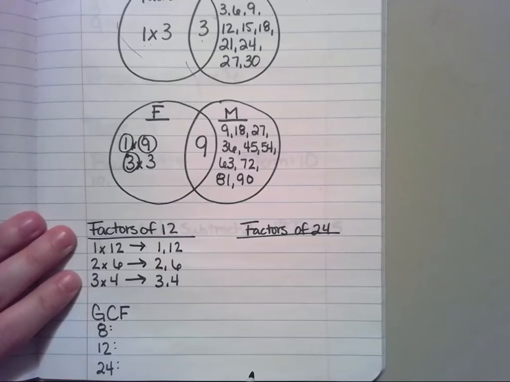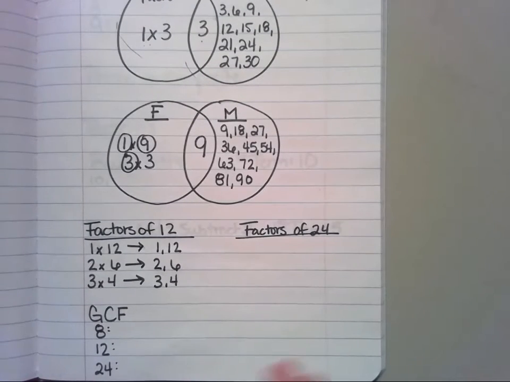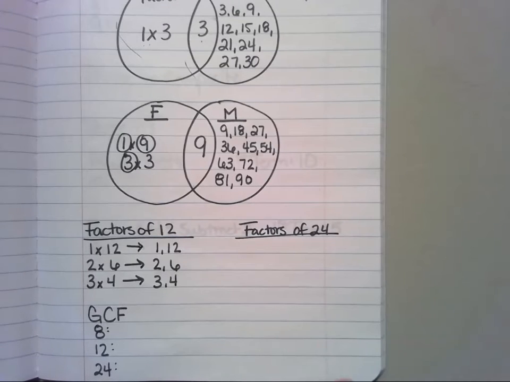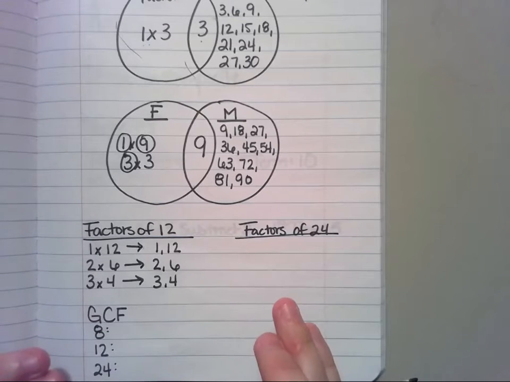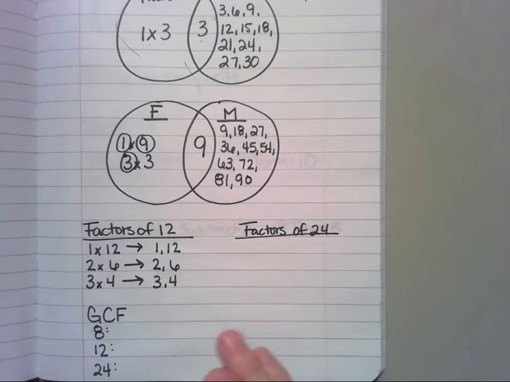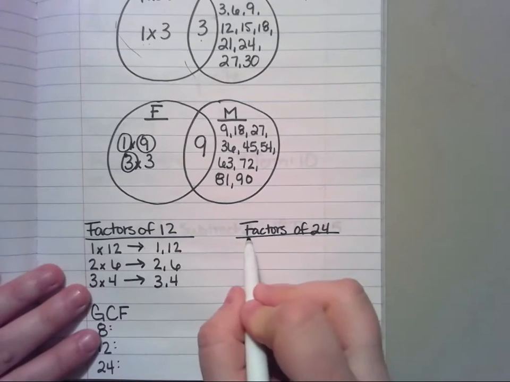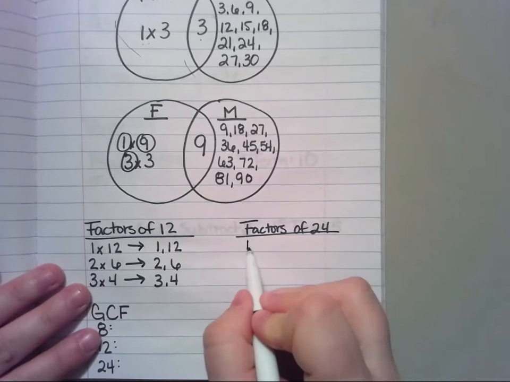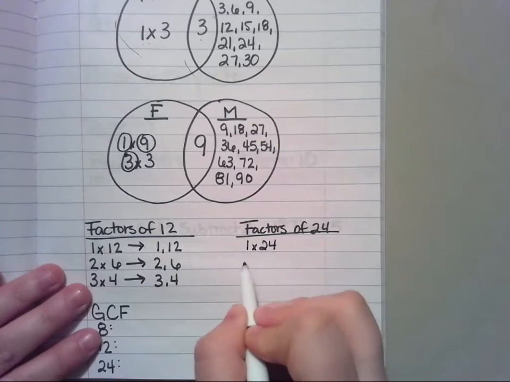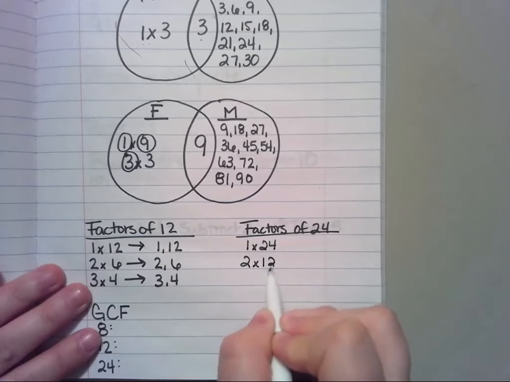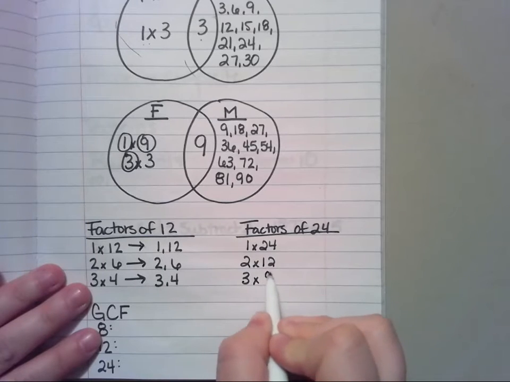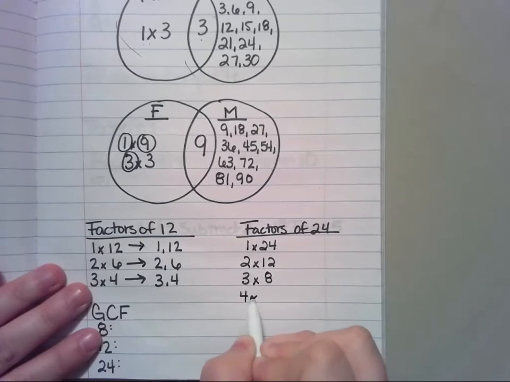Factors of 24. If you need to pause at any moment to continue writing down something or to catch up, please pause the video. You can always push play in just a moment. Factors of 24. 1 times 24. 2 times 12. 3 times 8.